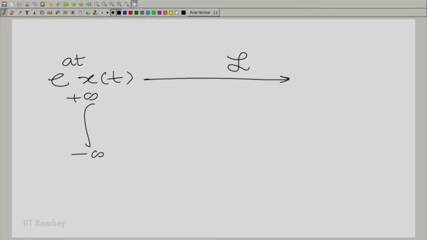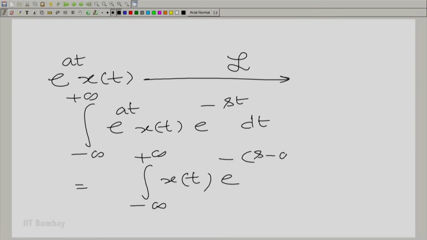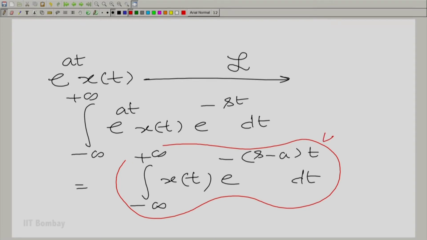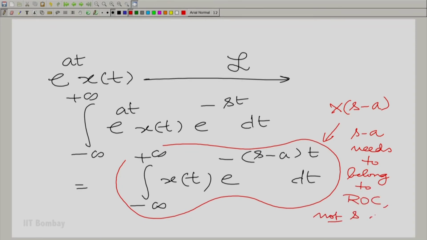Now, you can see that when we make this expansion, everything else looks very similar, except that we are evaluating the Laplace transform of x t at a different value of s. We are evaluating it at s minus a, and therefore, s minus a needs to belong to the region of convergence, not s.